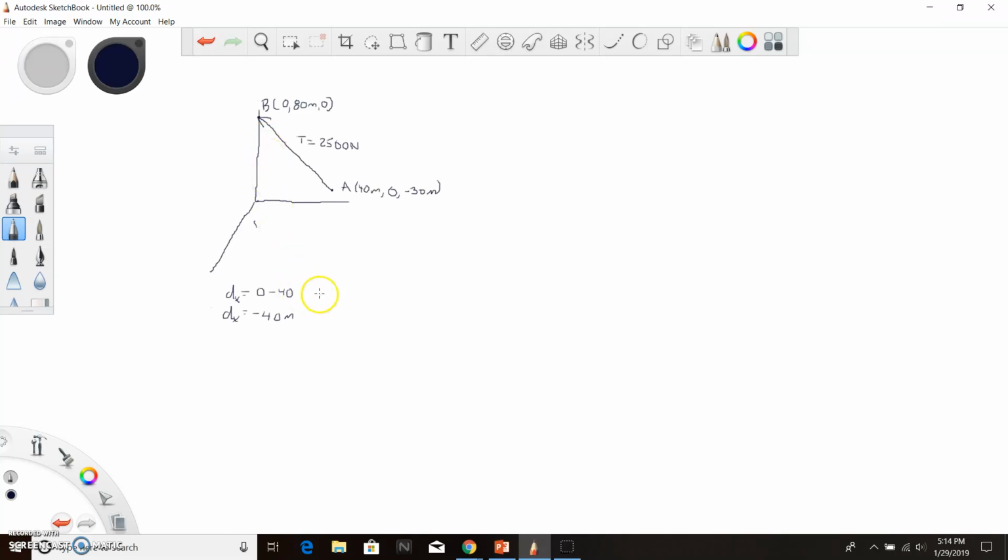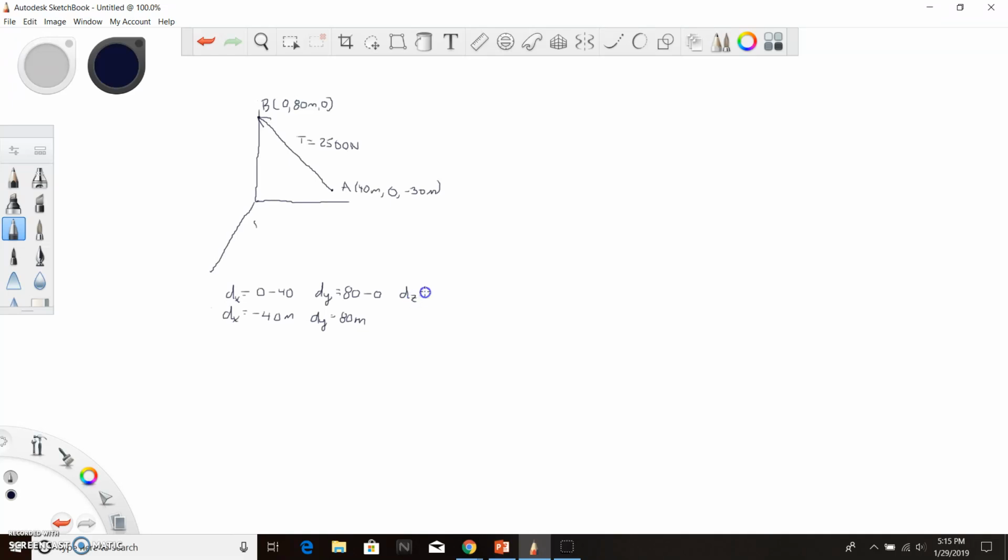Okay, so we're going to do the same thing for d sub y. d sub y is going to equal where I end, 80, minus where I started, which is 0. So that means d sub y is equal to 80 meters. We're going to do the same thing for d sub z.